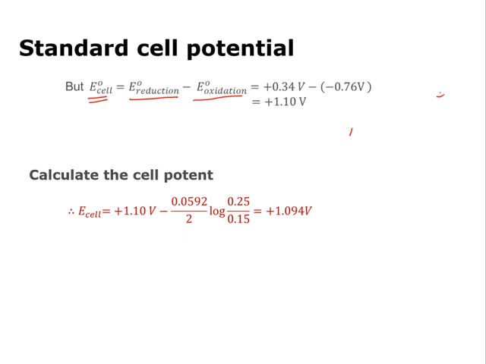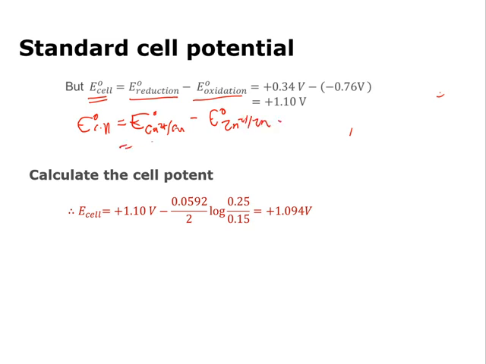In simpler terms, you can write this as E0 cell equals E0 of copper minus E0 of zinc.